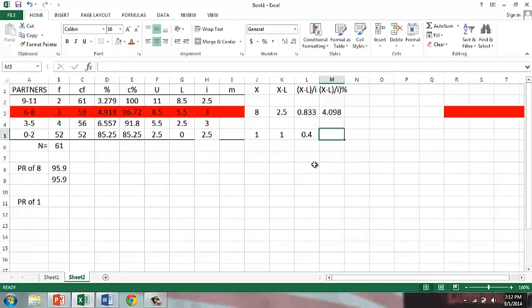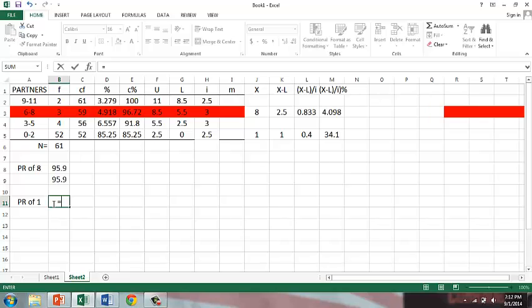Finally, we multiply that term by the percent in that class. Now, to find the percentile rank, it is equal to the cumulative percent below the critical interval.